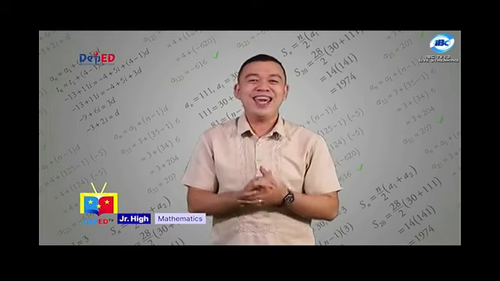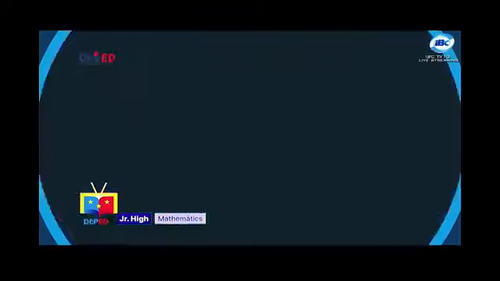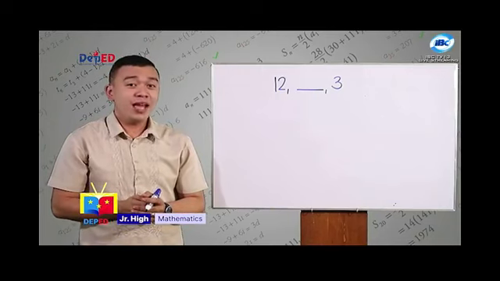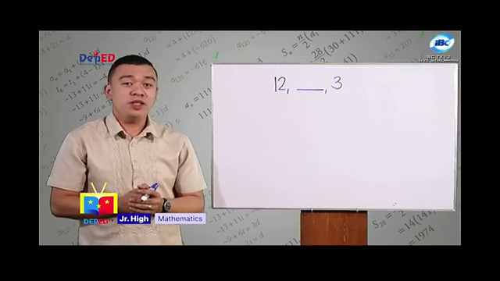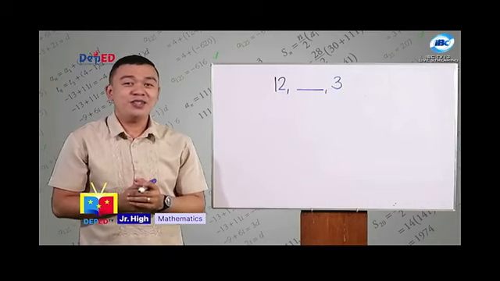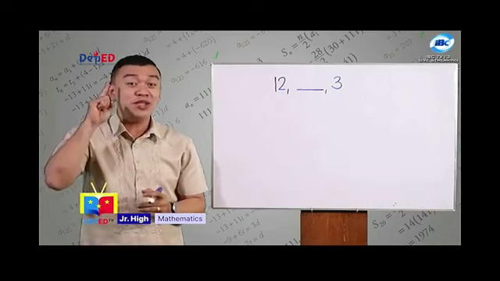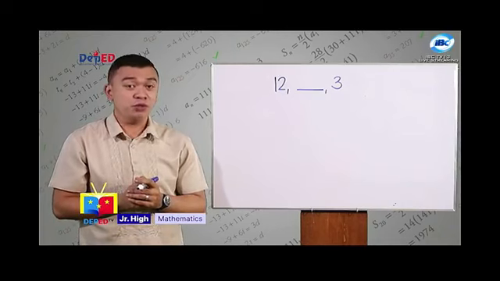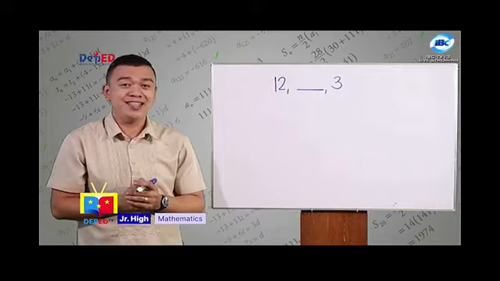Well, let's begin. Let's go back to the problem. 12, blank, 3. The first term is 12 and the last term is 3. Now, let us substitute. But remember, the common ratio refers to the ratio of two consecutive terms.